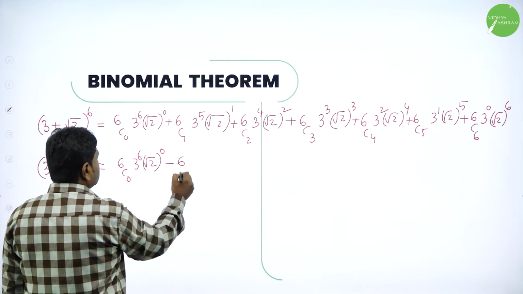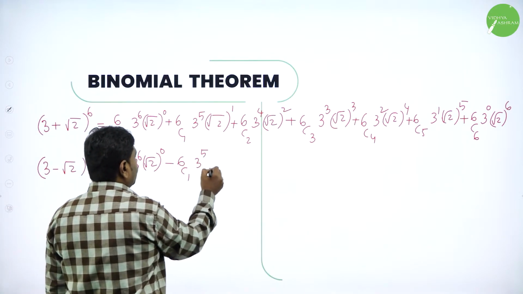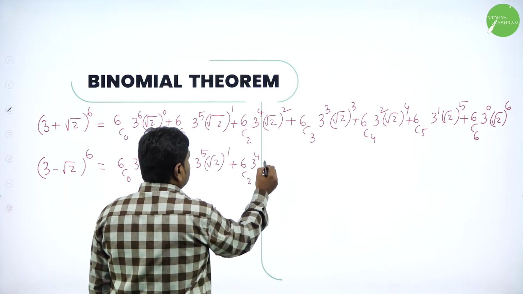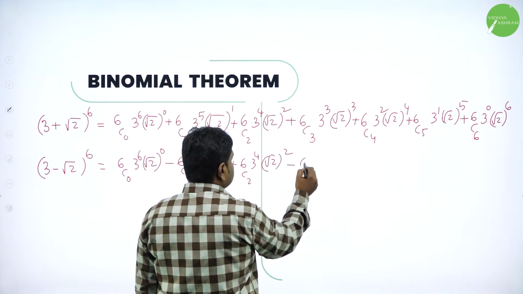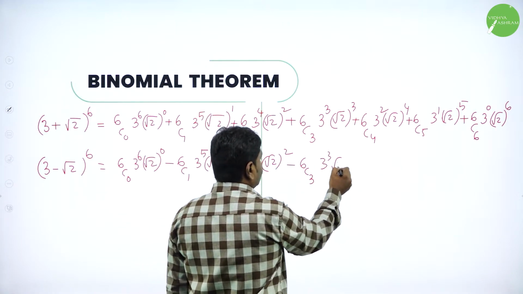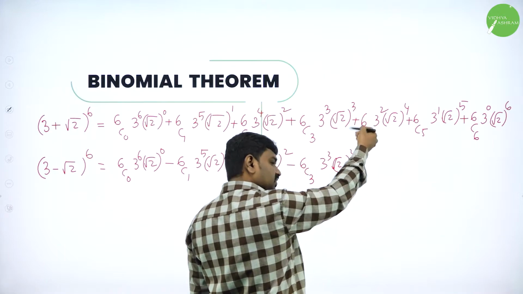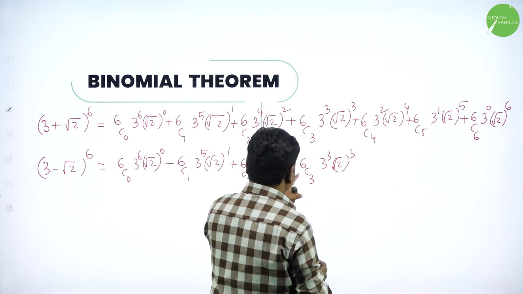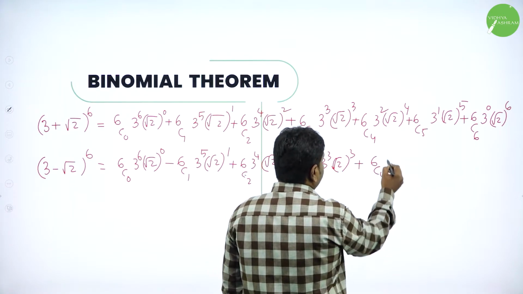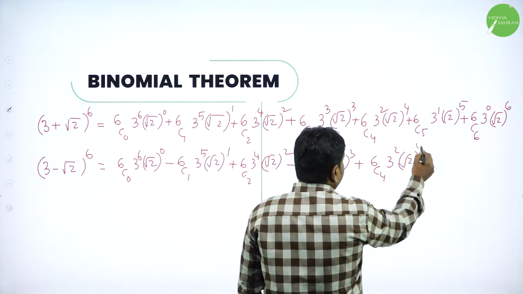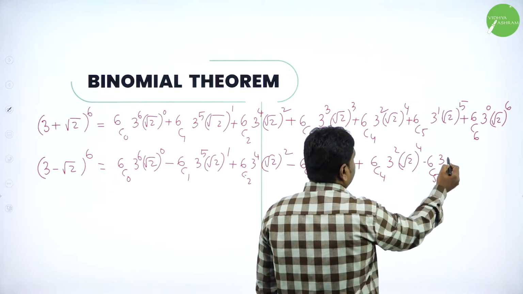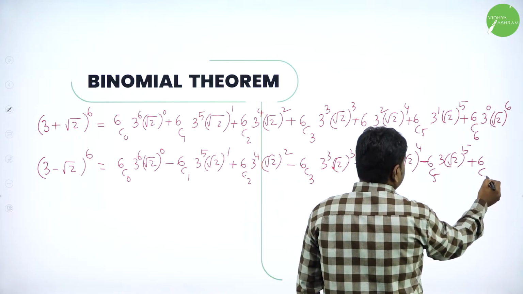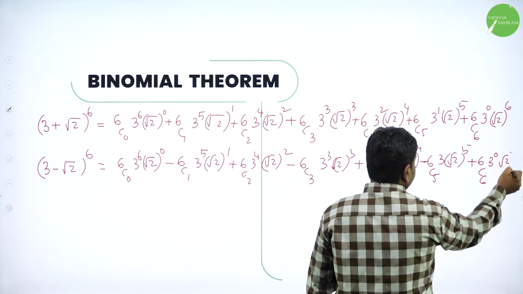Then minus 6C1, 3 power 5, root 2 power 1. Then plus 6C2, 3 power 4 and root 2 square. Then minus 6C3, 3 cube, root 2 cube. So above what we have written, same thing I am writing, but plus minus alternate. Start from positive, negative, then positive, then negative. Then again positive 6C4, 3 square, root 2 power 4, and negative 6C5, 3 power 1, root 2 power 5, and positive 6C6, 3 power 0, root 2 power 6.